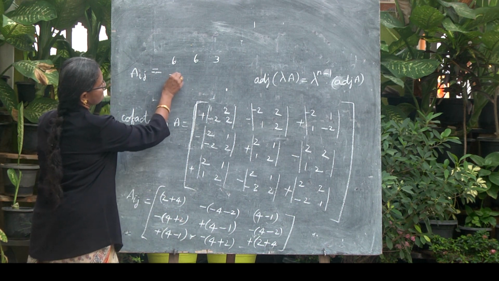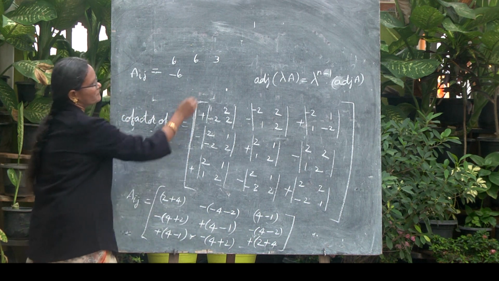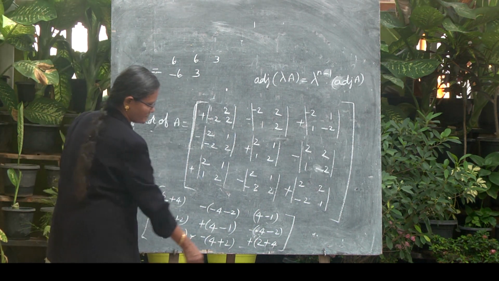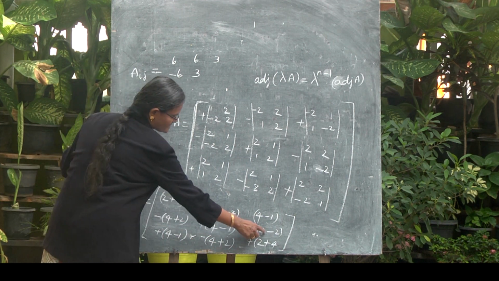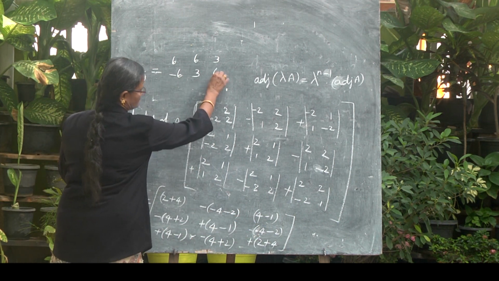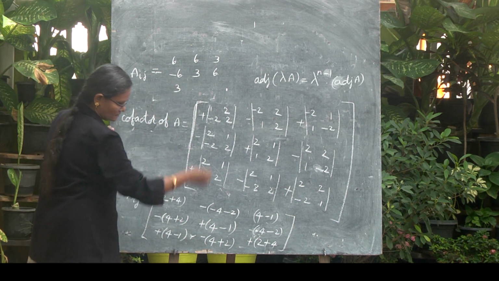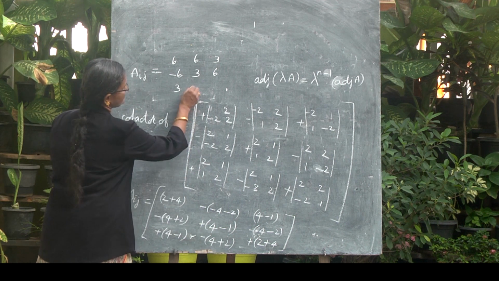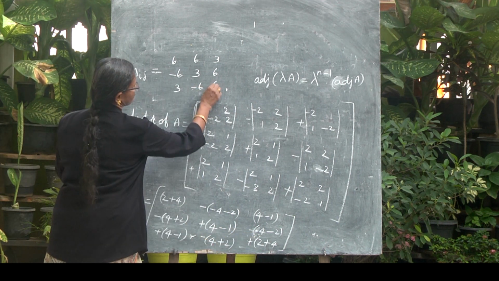Then minus 6. 4 minus 1, that is plus 3. The next element is minus 4 minus 2, that is minus 6. Next one, 4 minus 1, we get 3. Next 4 plus 2, 6, that is minus 6. 4 plus 2, 6 plus 6.